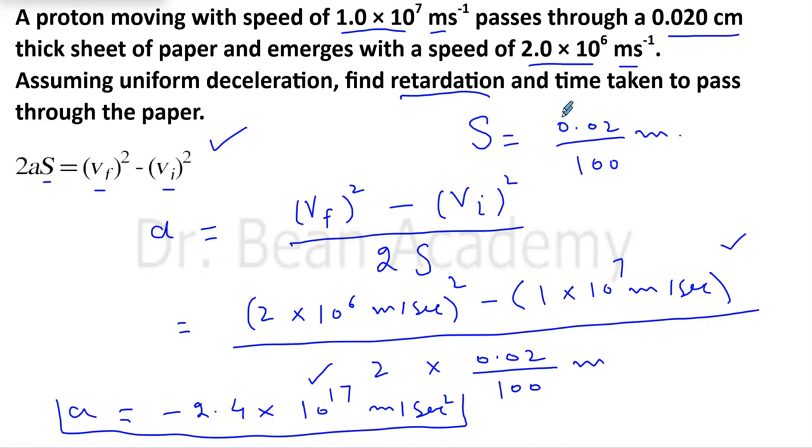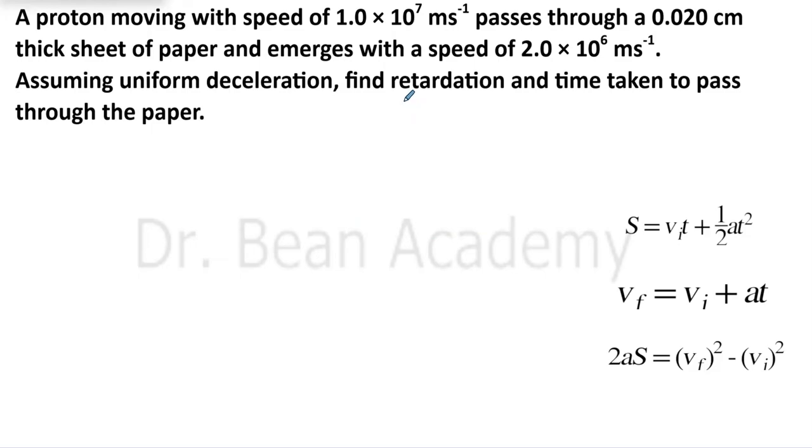Then next is to calculate the time taken to pass through the sheet. So now it's time to calculate the time it took for the proton to pass through the paper. Once again we have the choice. We can use any of these equations because uniform acceleration is involved in this motion.